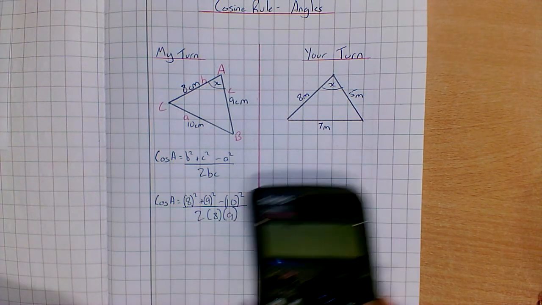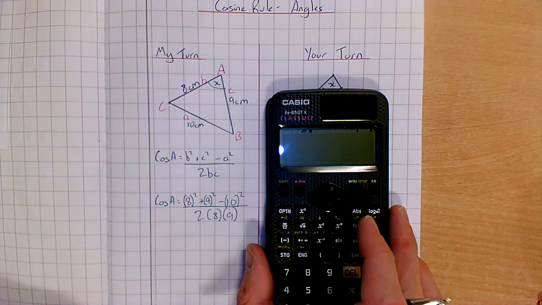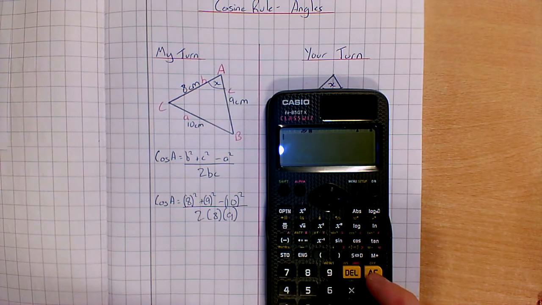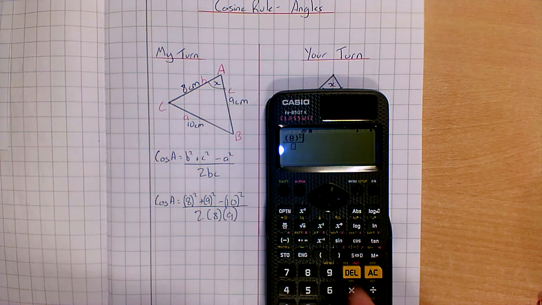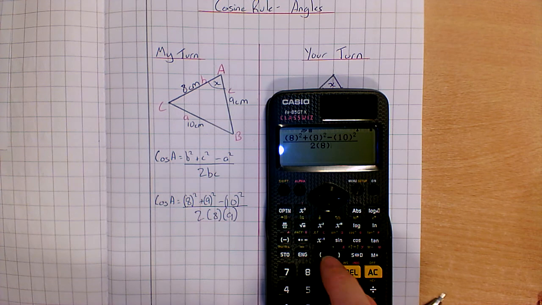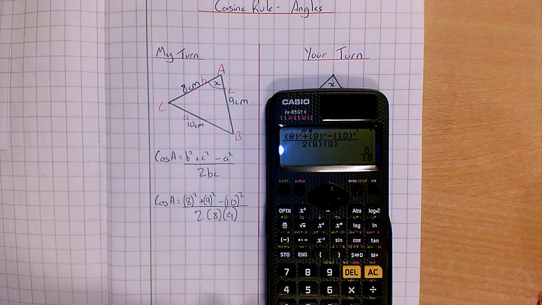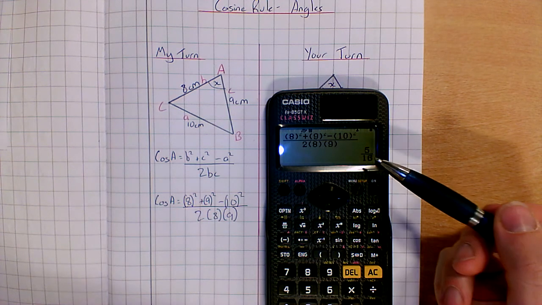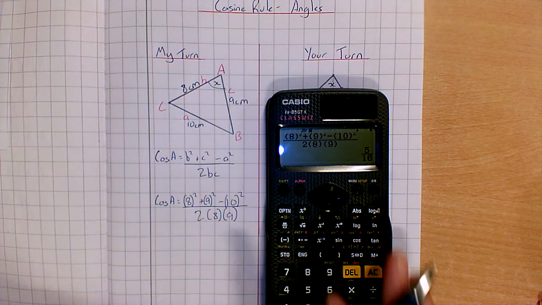Okay, so if I start typing this into my calculator, cos A equals 5 over 16.